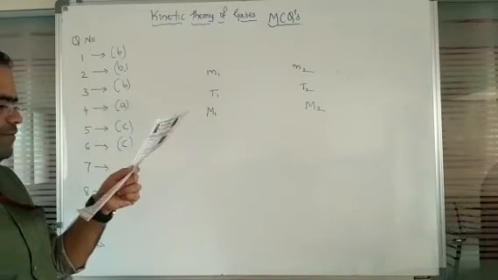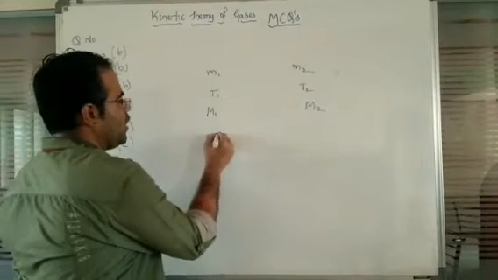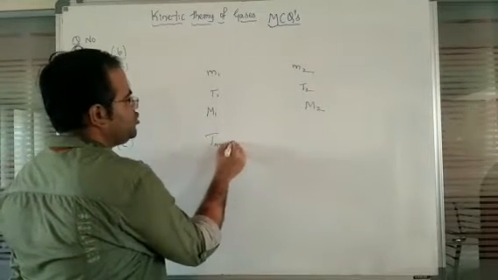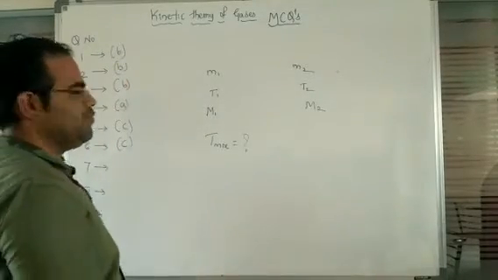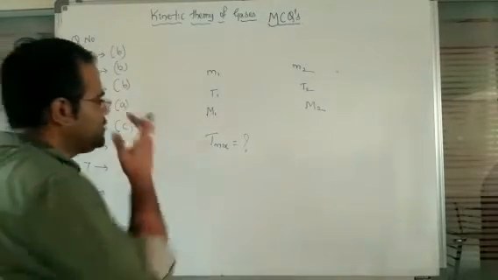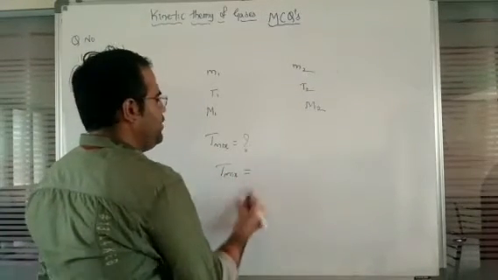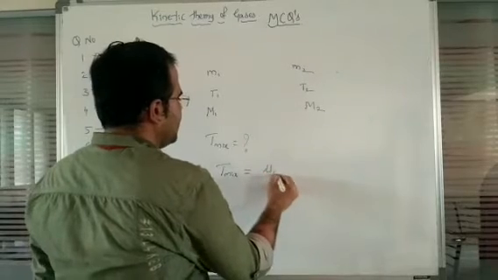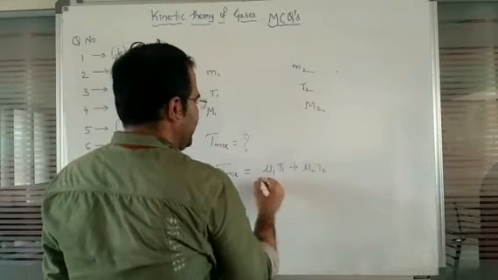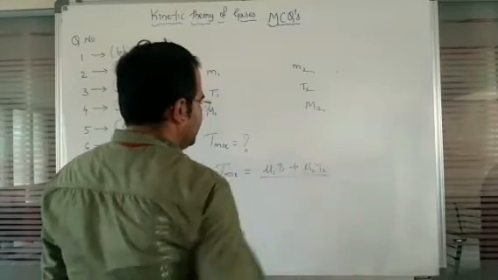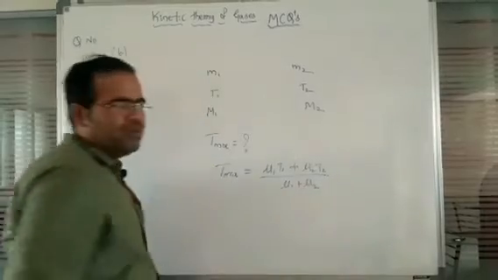If they are mixed, we have to identify the final temperature of the mixture of these particular gases. So what is the final temperature of these mixed gases? Let us write the temperature on mixing. This is given by (mu1 into T1 plus mu2 into T2) divided by (mu1 plus mu2).